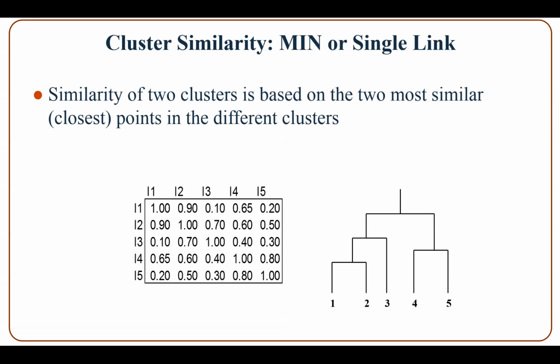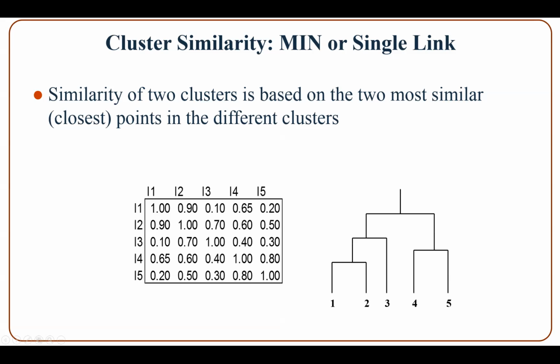It can be seen that points 1 and 2 are closest and can be merged together. Looking at the column for point 3, point 3 is closest to point 2. So point 3 is merged next, as you can see in the dendrogram. And that is a hierarchical order.